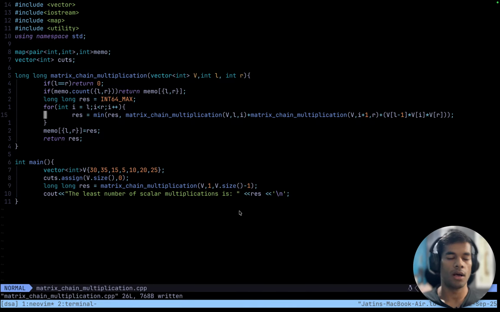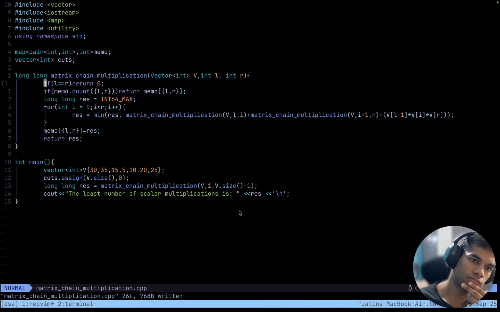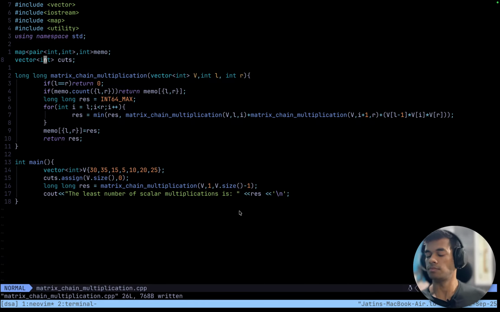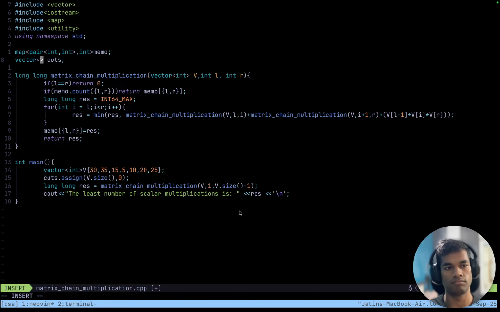Not very good, I think, because what would a cut depend on? It doesn't depend on this thing. I guess we will need some two-dimensional thing and not this.